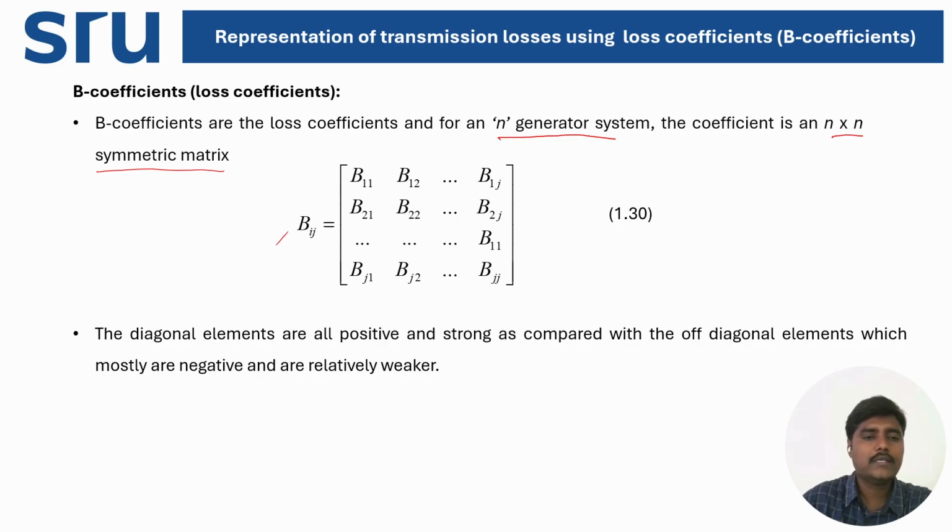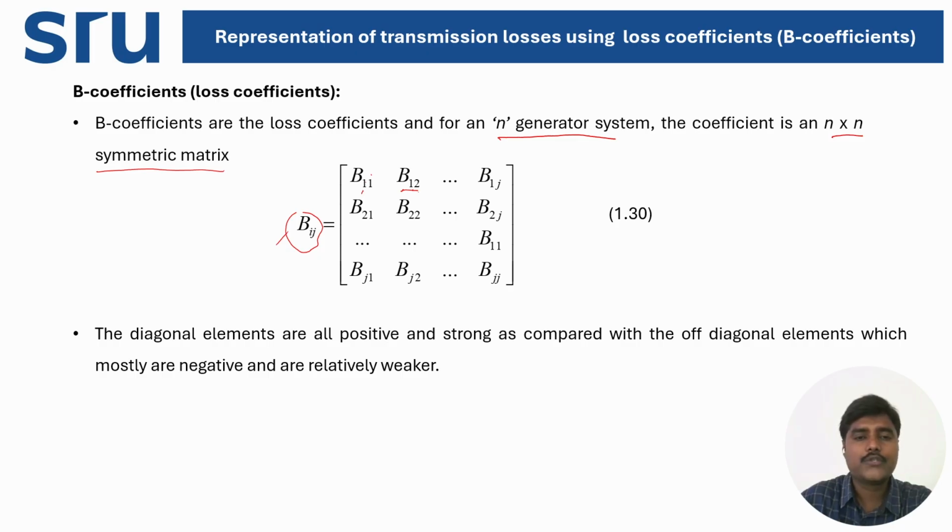Here you can see the loss coefficient Bij represented in matrix form. The first element represents B11. It is the loss coefficient with respect to bus 1 itself, the self loss coefficient. The element in the first row and second column is B12, which represents the loss coefficient between bus 1 and bus 2.